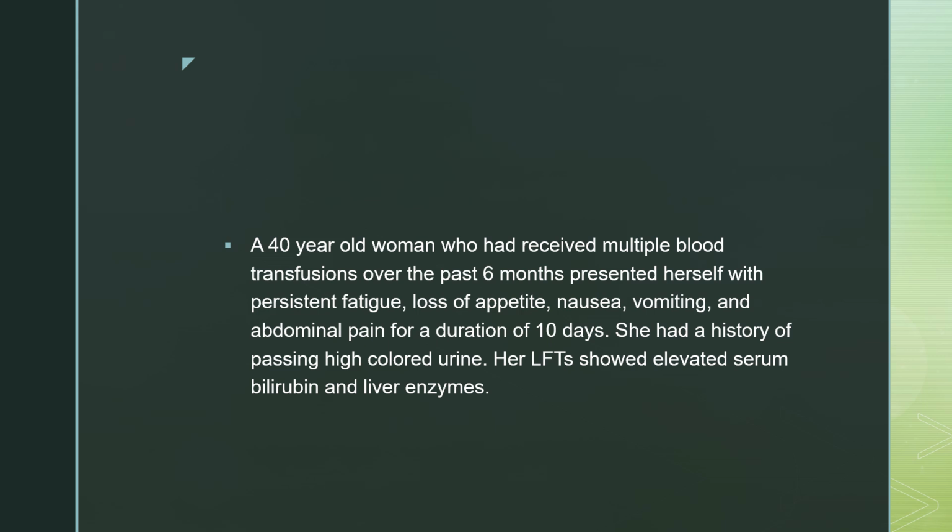So what are the catchy points that would help you diagnose hepatitis B virus infection? This woman has undergone multiple blood transfusions over the past 6 months, and presented with persistent fatigue, loss of appetite, nausea, vomiting, and abdominal pain for 10 days. The most catchy point is her multiple blood transfusions.